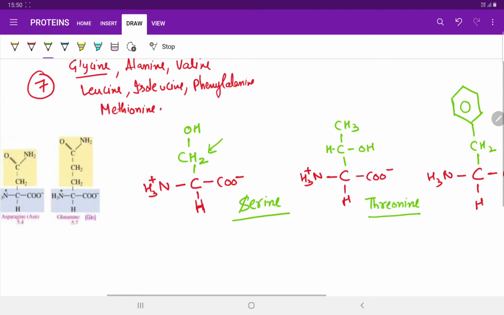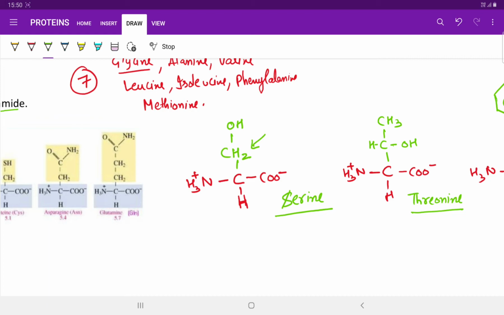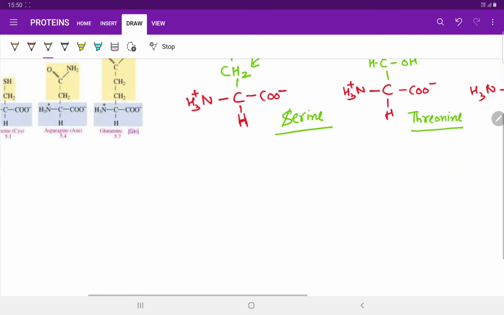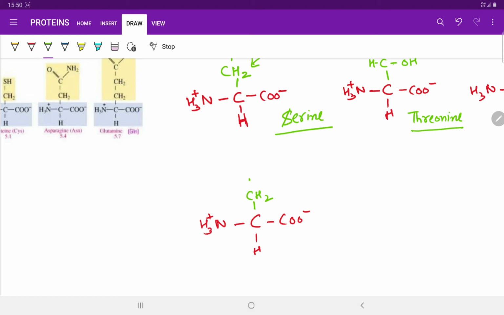Now the next structures we will be drawing are asparagine and then glutamine. Now asparagine: if we add an amide group to the structure of alanine on the methyl side, it will form asparagine. I will be writing here the structure of asparagine. See the structure on the top. Up to that the structure is similar, CH2. Now we shall be adding an amide group, CONH2.